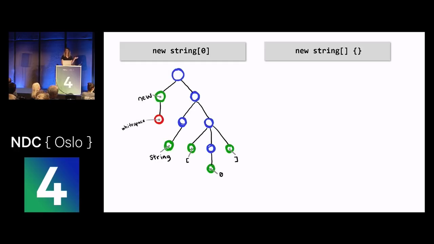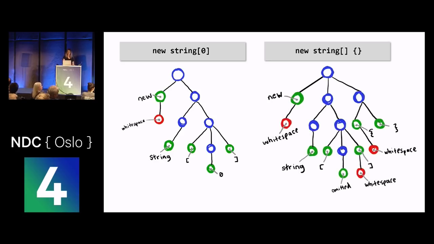This is what the first one looks like. So if you wanted to see if it was a zero-length array, you would go back, follow it down and then find that 0 and say, oh, it's of length 0. But if you go to the other one, it's a bit more monstrous looking, and then you come down and there's this omitted token thing that you would have to look for inside to be able to even tell that that was of length 0.